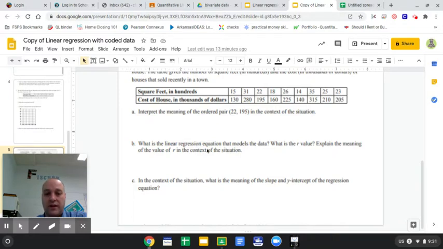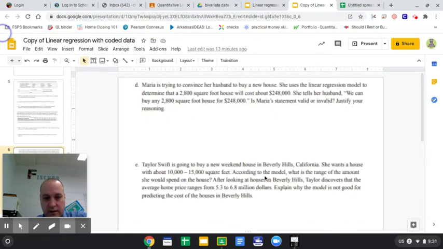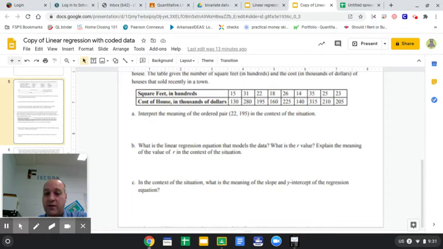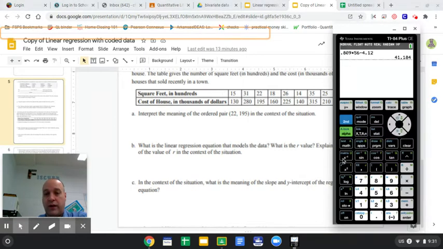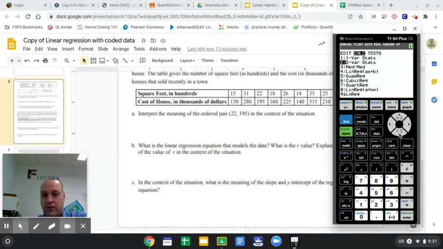What is the linear regression equation that models the data? What is the R value? And then explain the meaning of the R in the context of the situation. They don't ask us to graph it, so you could just put it all in the calculator, because the calculator does give you the regression equation. If I look at, say, the first problem where we found the R, here's the R, here is the slope, and here is the y-intercept. So the calculator gives you the regression equation.